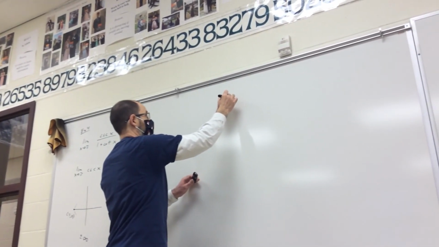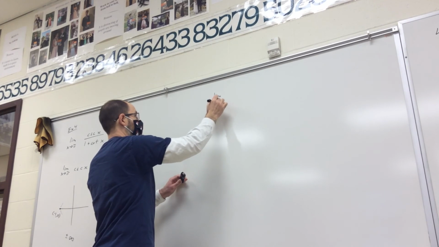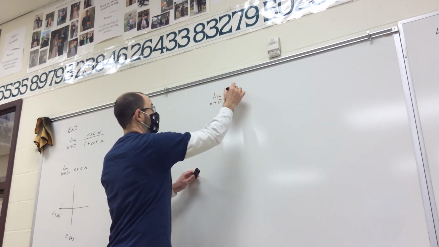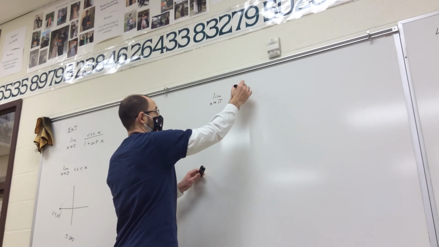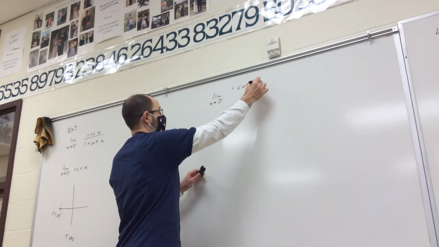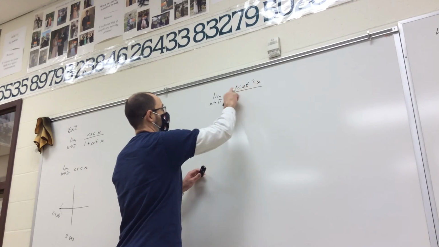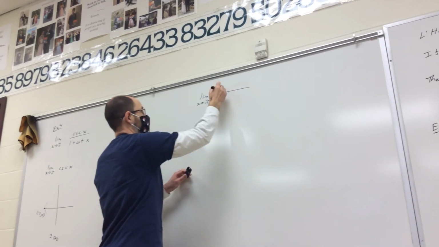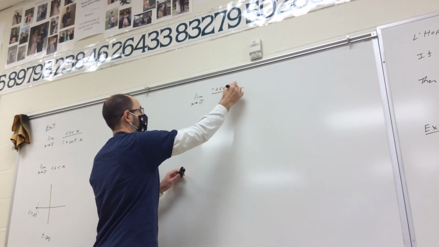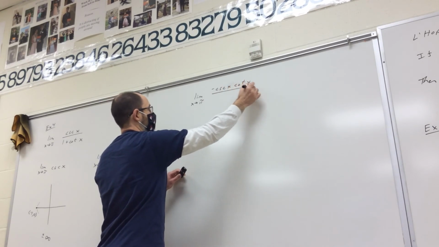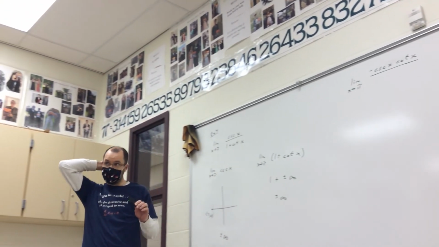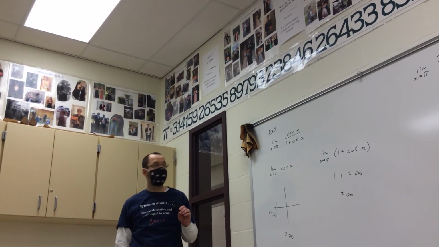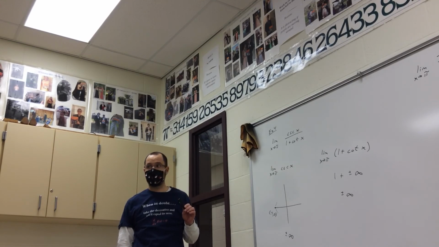So this limit that I'm trying to figure out might be easier. The derivative of secant is secant times tangent, and the derivative of cosecant is negative cosecant times cotangent.